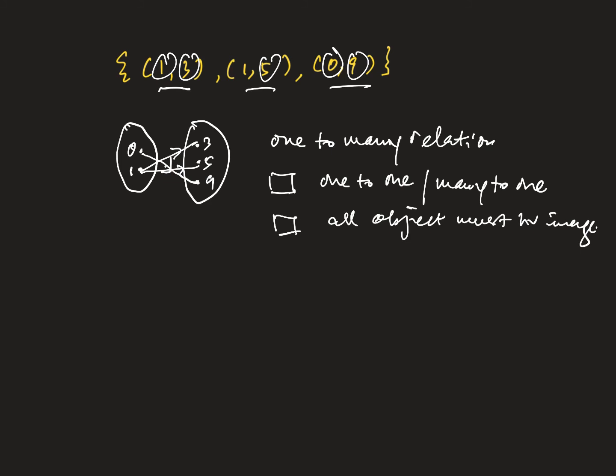Over here, the first one is 1 to many, so it doesn't fulfill this condition. But all objects do have an image. However, it must fulfill the two conditions in order to be classified as a function. So in this case, this is not a function.